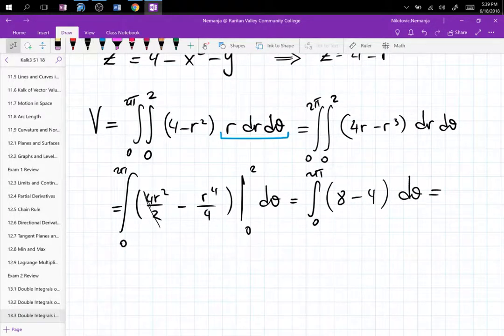So we have to integrate 4. So that's going to be 8 pi again. Not every answer is 8 pi. Sometimes we'll have 8 pi over 3.